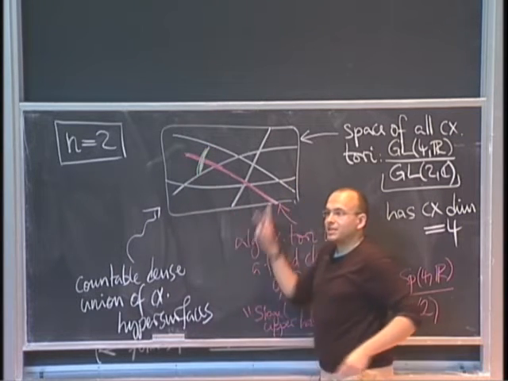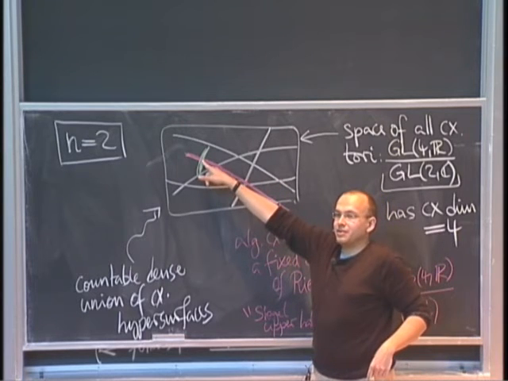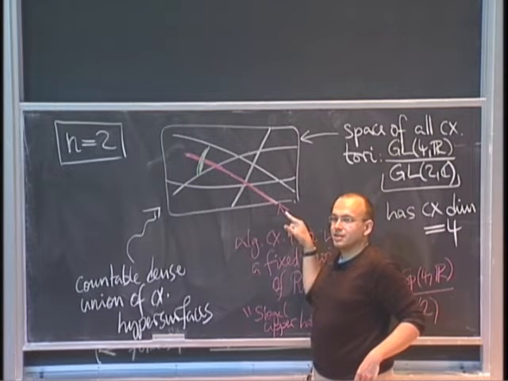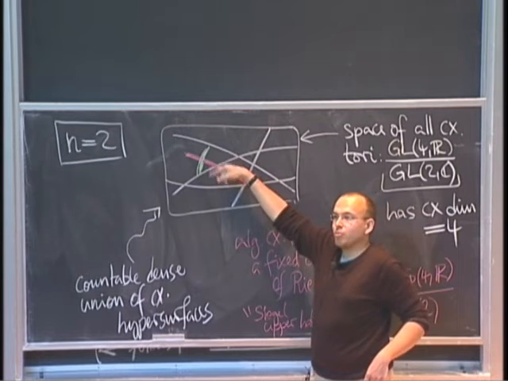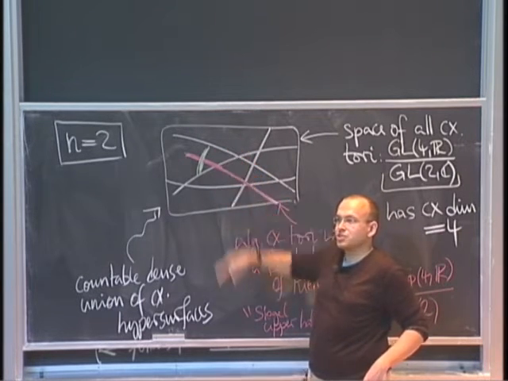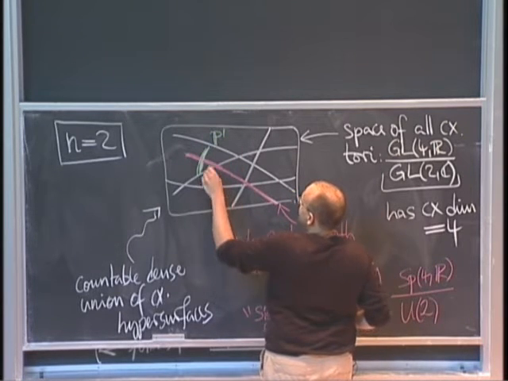So there's only one complex direction left, and I'm claiming that through every point and for every choice of hypersurface, there's a copy of the Riemann sphere. There's a copy of CP1 in there, a holomorphic copy of CP1 that parameterizes the transverse directions to some extent. So there's a transverse P1 in this space.